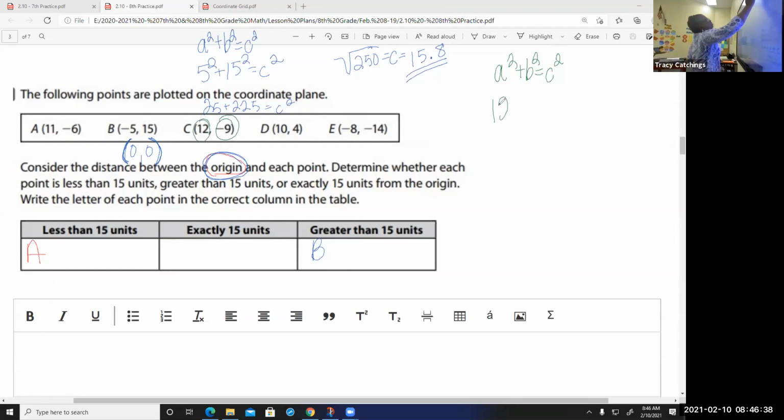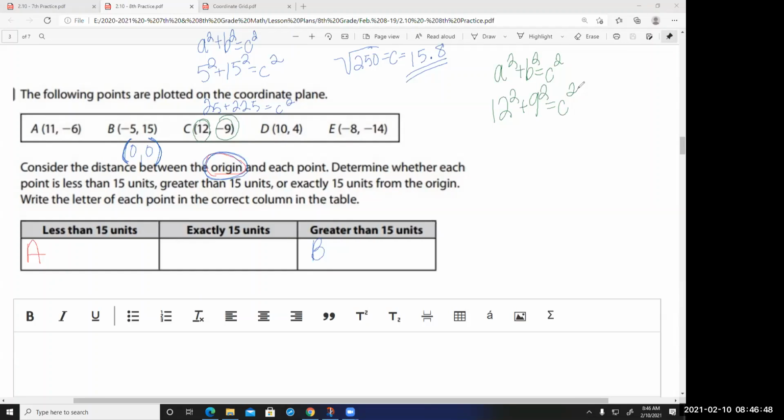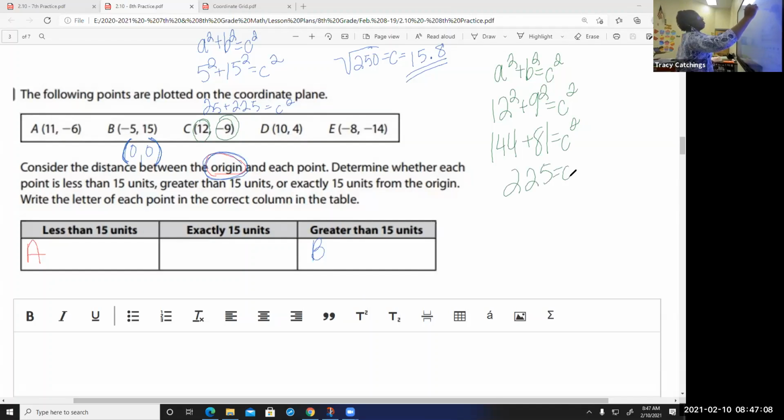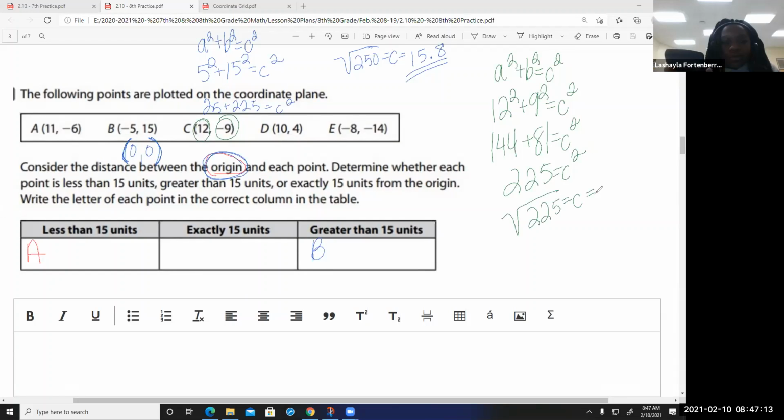Take the absolute value, so that will give us 12 squared plus 9 squared. 144 plus 81. 225. All right, then find the square root of 225. Exactly 15.